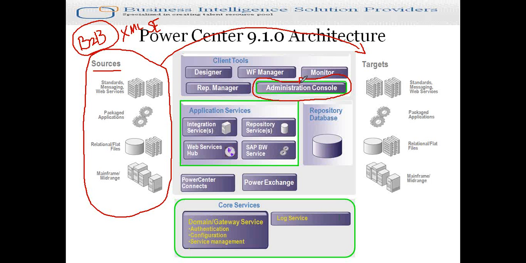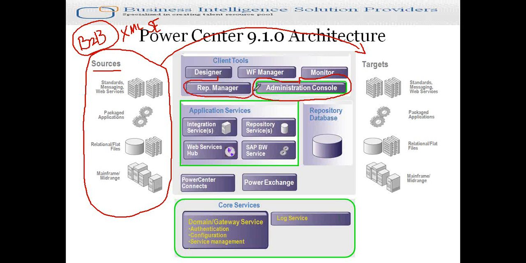Your admin tasks are done in your administration console, which is a thin client. When I say thin client, it is nothing but a web page which has commands within itself, and it will communicate with the installation done on the server and does most of the admin activities. But the rest of the 5% or the 10%, whichever has been left out, is done using something called the repository manager tool.